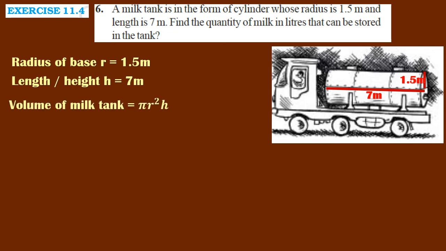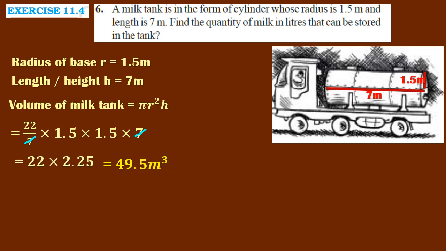Volume of the milk tank is equal to pi r square h. So substitute the values, which is equal to 49.5 meter cube. That is the volume of the tank. But we want to find the quantity of milk in liters. So we need to convert this into liter.